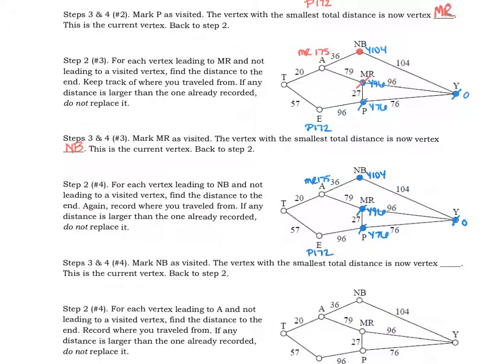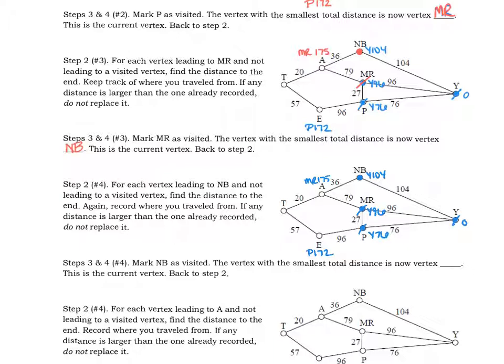Okay, and so now we are at NB, North Bend, and we do the exact same thing over again. From North Bend, we're not going to go back to Yakima. The only other vertex we are adjacent to is Auburn. If we take the 104 that's at North Bend, and then we add the 36, we get 140.